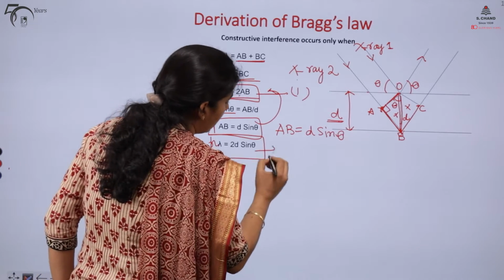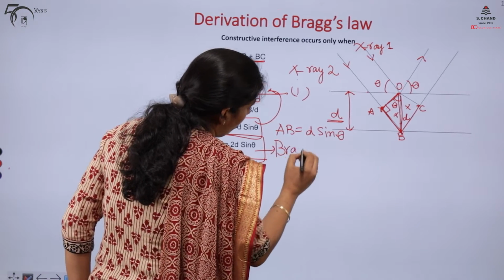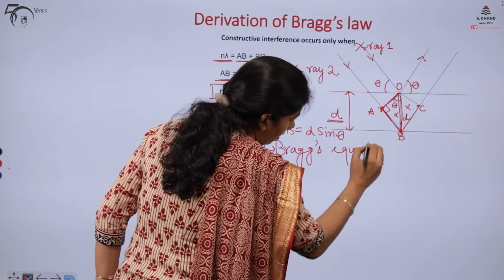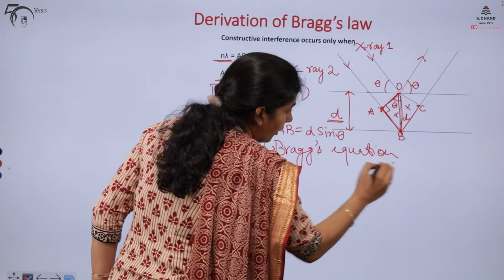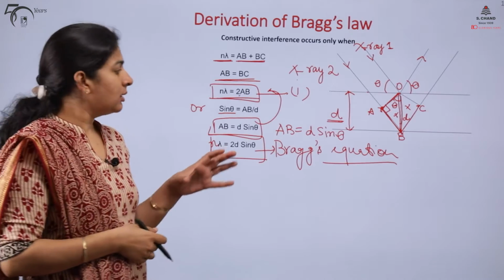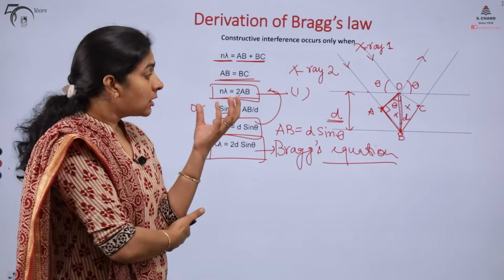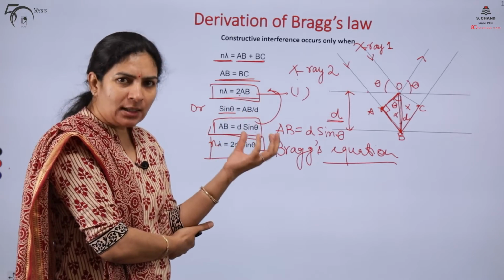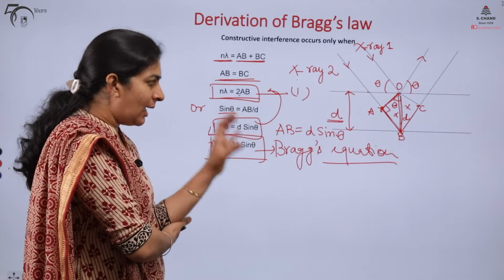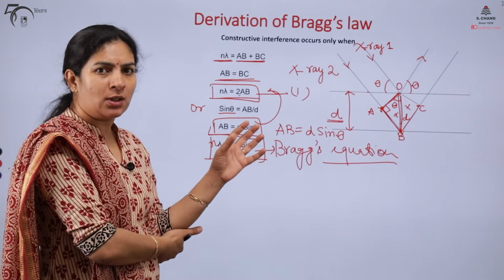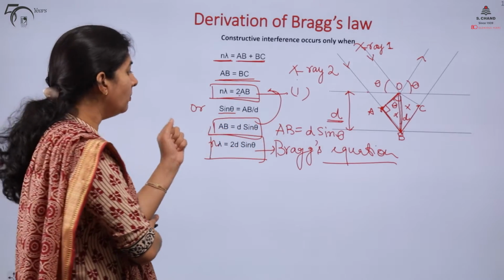This particular equation is known as Bragg's equation. For your information, Bragg was the first one who studied the crystal structure of NaCl using X-rays, and for this reason he was also awarded the Nobel Prize.